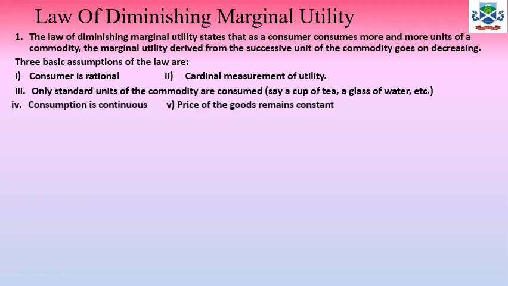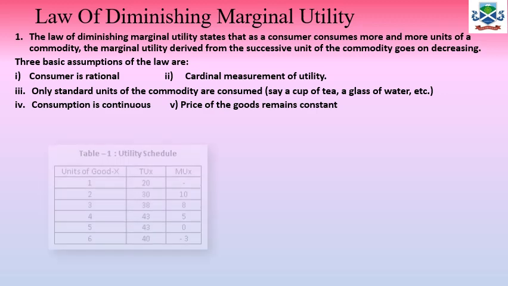Fourth, consumption is continuous, with no time interval between two successive consumptions. Fifth, the price of the goods remains constant. The first unit you buy at, say, 10 rupees, the second unit you also pay 10 rupees, and the third unit also 10 rupees. The price remains the same.